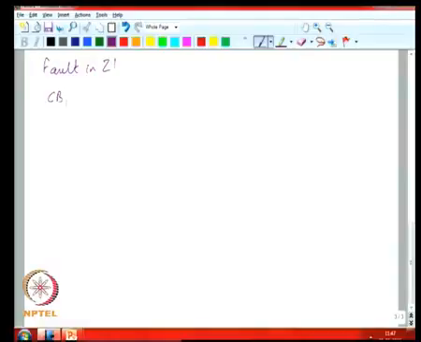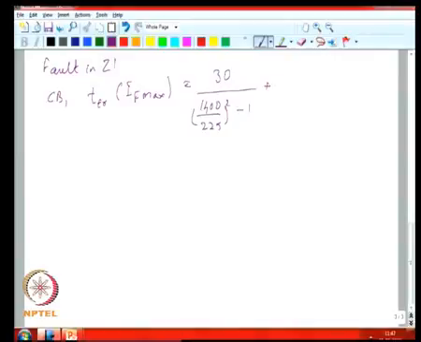For circuit breaker 1, your trip time at IF max in zone 1 is 30 divided by 1400 divided by 225, which is the pickup current for that breaker, minus 1, plus 0.04. So this is 0.84 seconds.